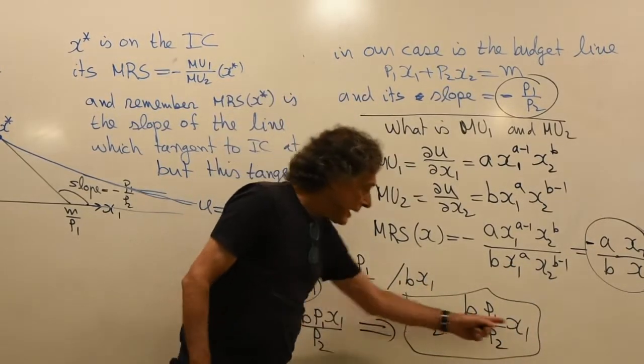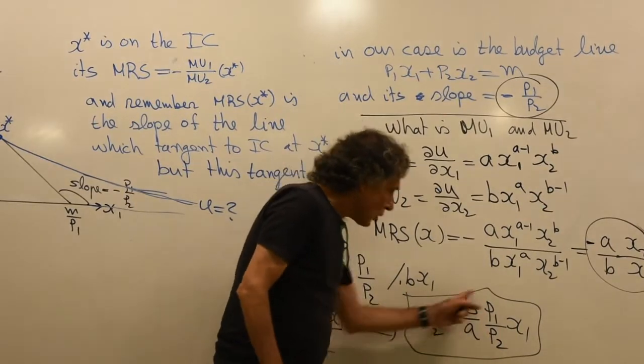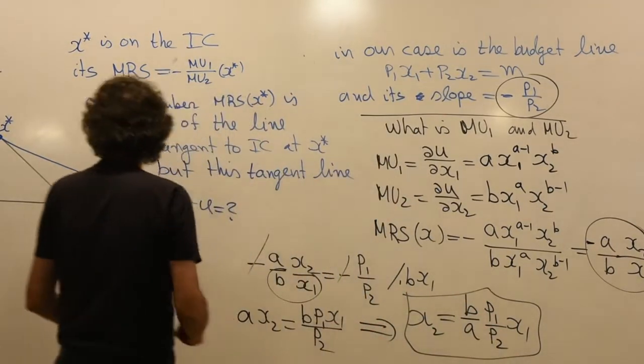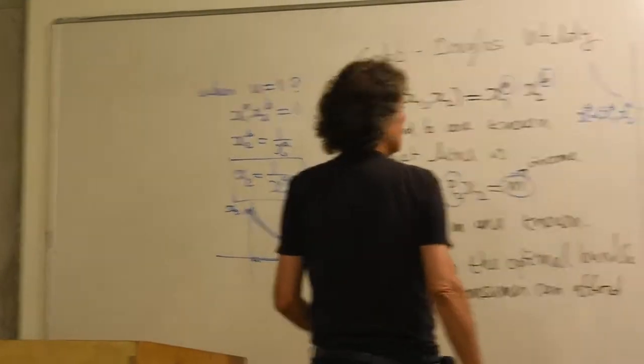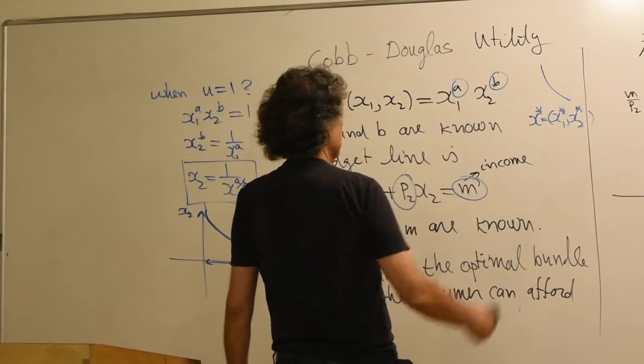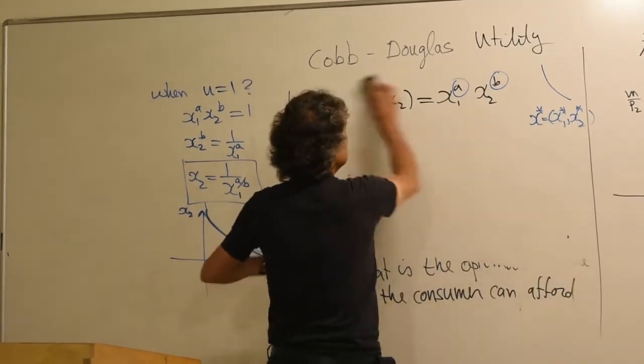There is a linear relationship between x2 and x1: x2 is a constant times x1. I have the slope and everything, so let me continue here.